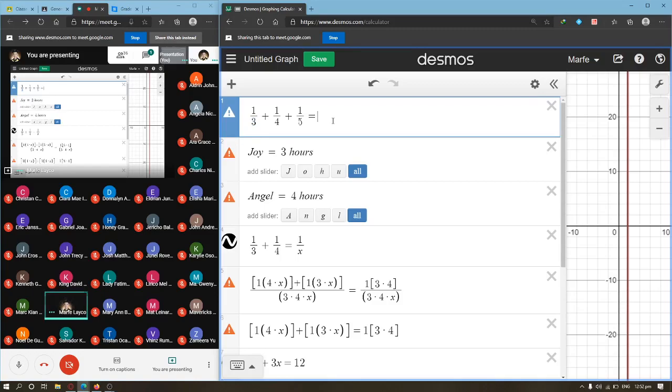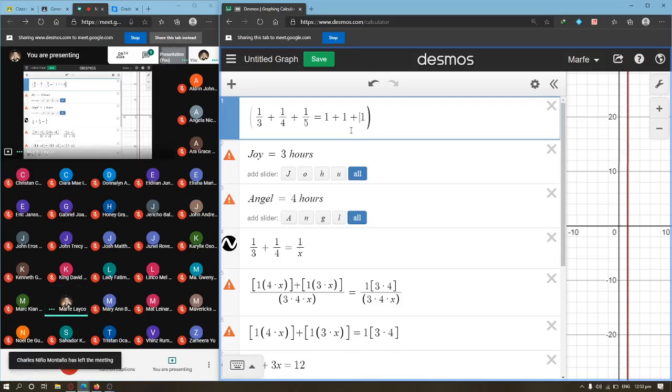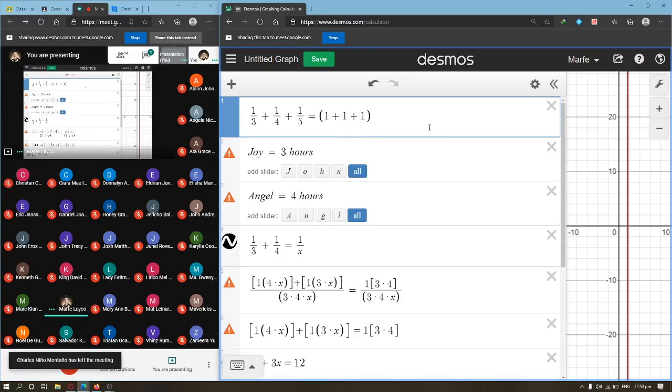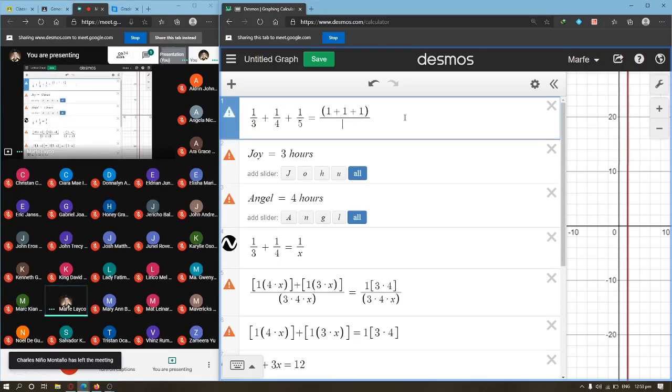Paano? Diba? 3, 6, 9, 12, 15. Yung 3 and 5, 15. Yung 3 and 4, 12. Yung 4 and 5, 20. So, saan sila makikita-kita? Pag pinag-multiply mo na lang silang lahat. Kaya magiging siyang 1 plus 1 plus 1 divided by yung 3 multiply by 4 multiply by 5.